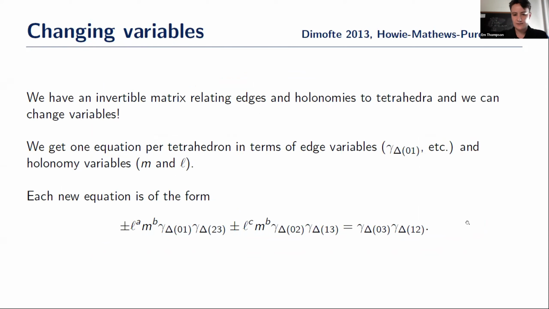And as it turns out, the equations that we get are all in this form. So you have L's and M's, pluses and minuses, but you always have these pairs of variables corresponding to edges. There are 3 pairs of these, and the 6 different gamma variables you see correspond to the 6 edges of the tetrahedron.